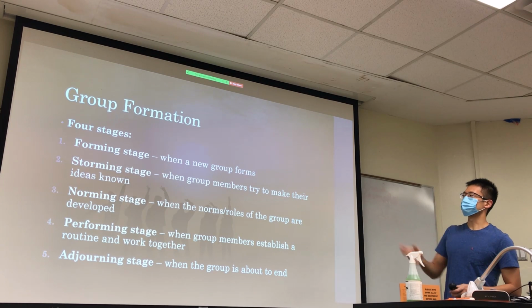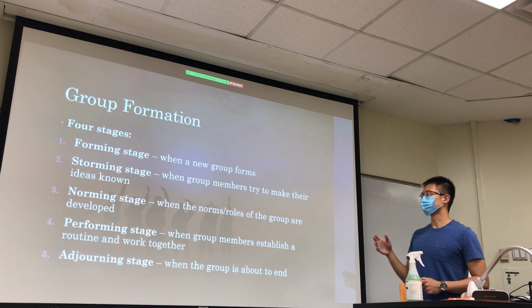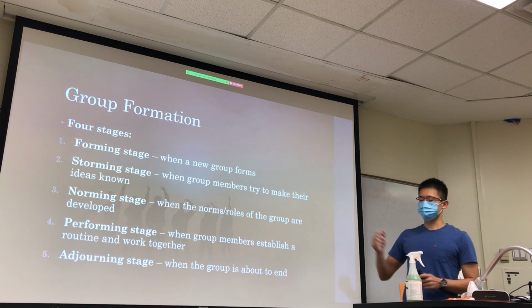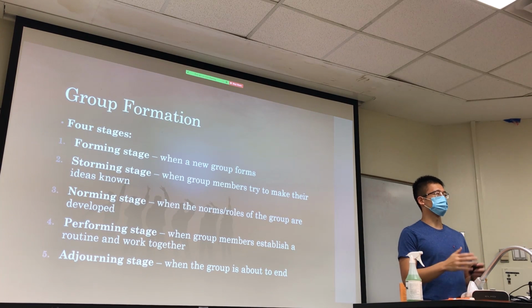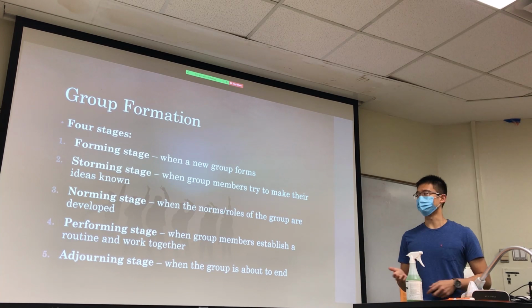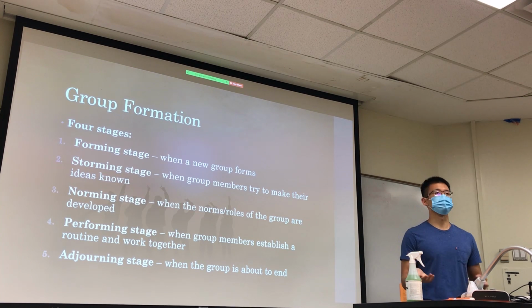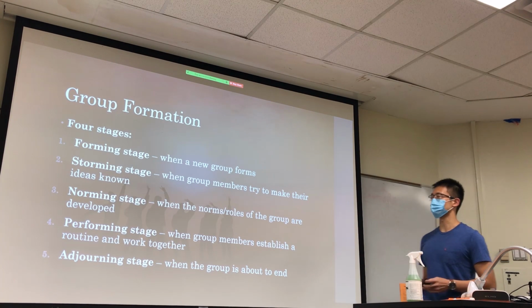After that will be the norming stage. So roles and norms are formed. You're trying to decide which team member is going to work on which part, and how you are going to do that, right? So that's the roles and the norms.